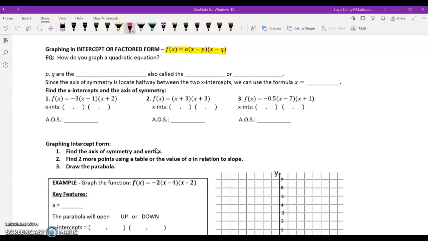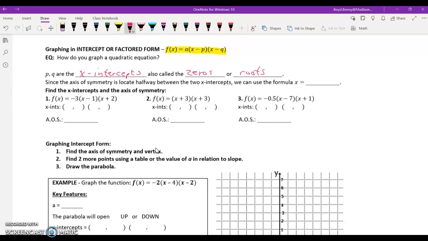In today's lesson, we're going to take a look at graphing in intercept or factored form, which is f of x equals a times x minus p times x minus q. P and q are the x-intercepts, which are also called the zeros or roots of the function.